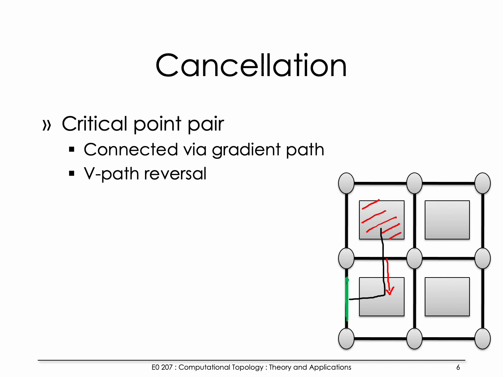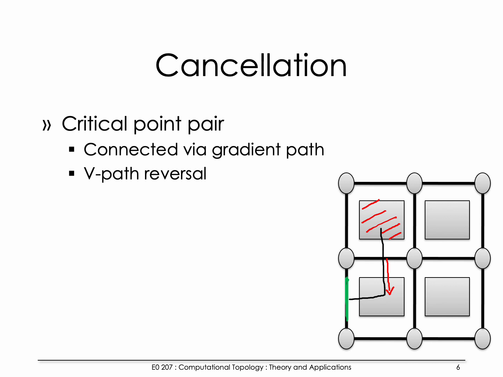A cancellation is essentially a reversal of the V path. So all the gradient pairs that lie along the gradient path connecting the saddle to the maximum may be reversed in order to cancel this pair. Now reversing this direction will essentially introduce a pair for both the erstwhile maximum and the erstwhile saddle.